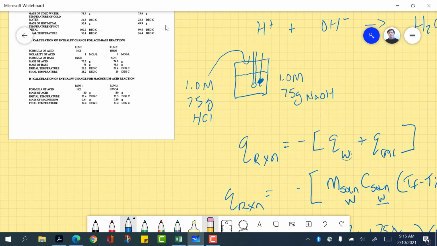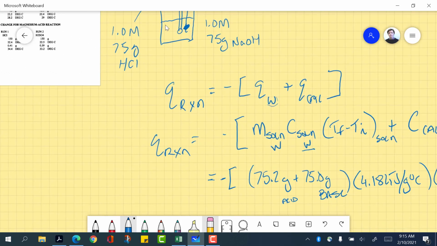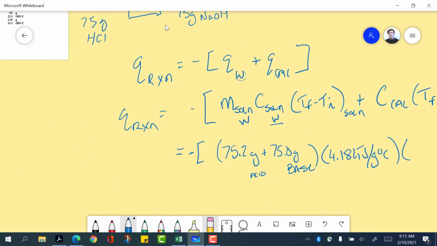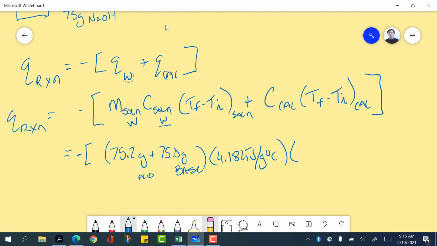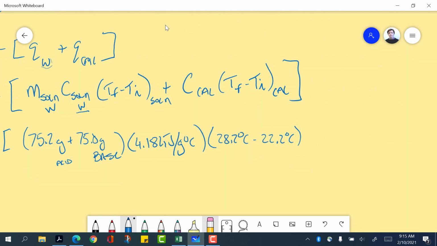So the initial temperature was 22.2 and the final temperature was 28.2. So 28.2 degrees Celsius minus 22.2 degrees Celsius. So that's the heat associated with the solution that was formed in the calorimeter. And how much was lost to the calorimeter?